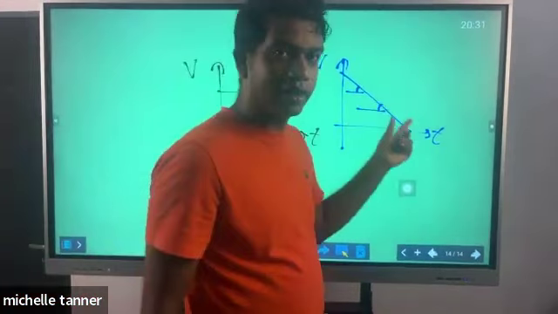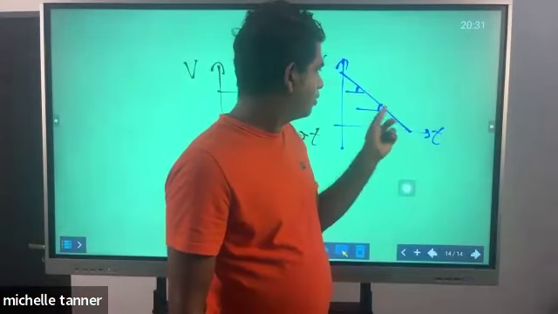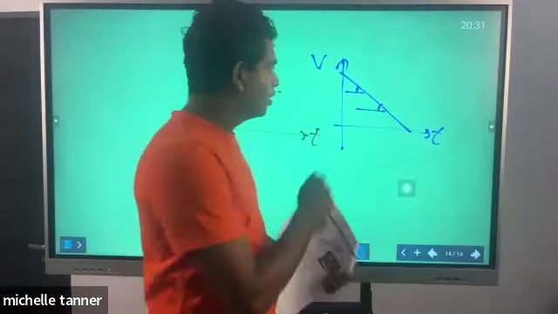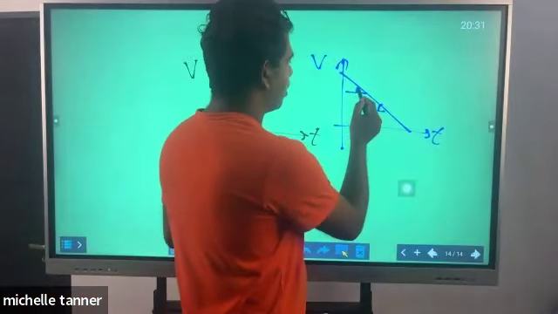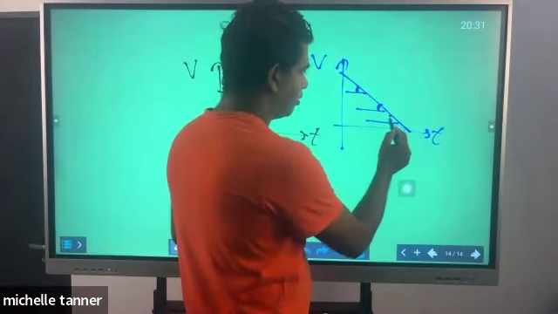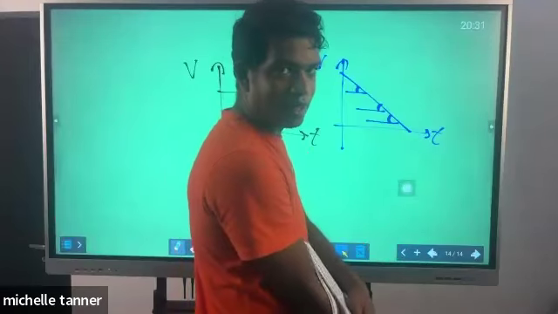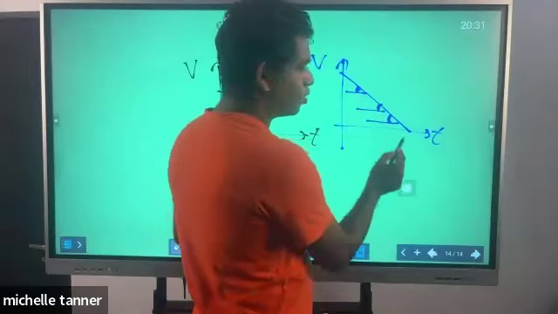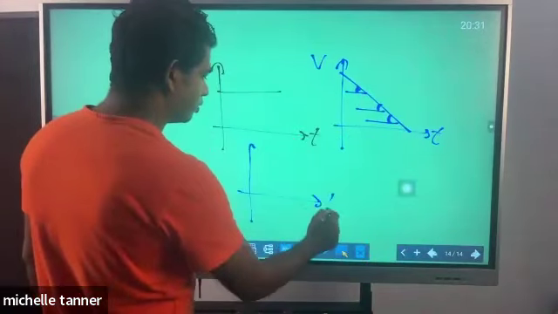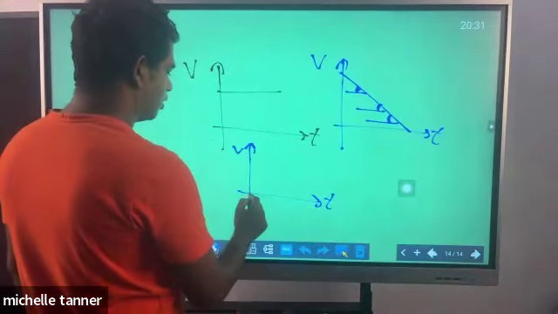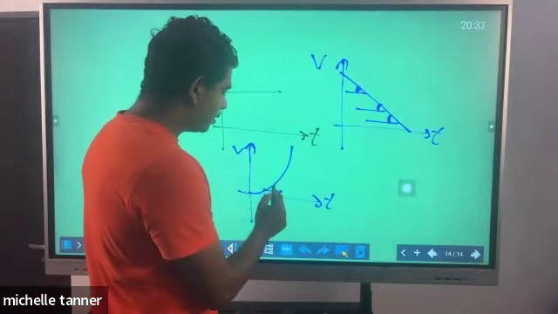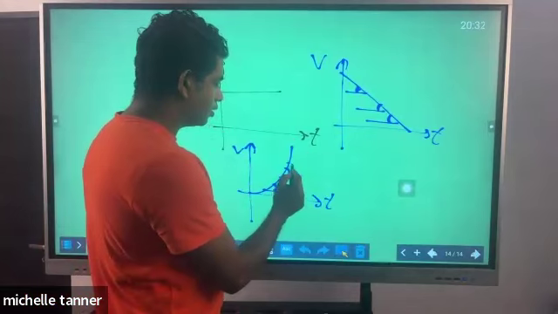I repeat again, the blue color graph. The gradient is constant. How to identify a constant gradient? Draw the line like that and mark the angle. Then this angle is constant. Now think of a curved graph like that. Now this angle is not constant.